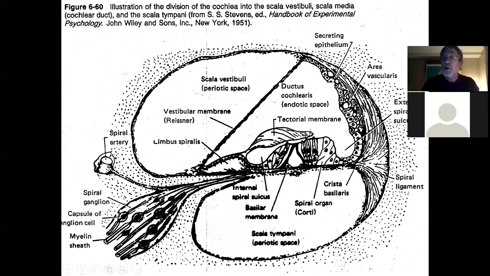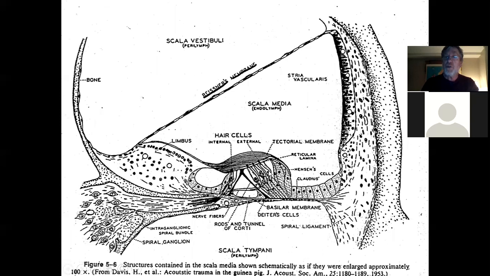Hair cells are located here. Basilar membrane, Reissner's membrane, and once again, bony labyrinth, scala tympani, again filled with perilymph. And the hair cells are right here and right here. Make it closer. Hair cells, right here, right here.